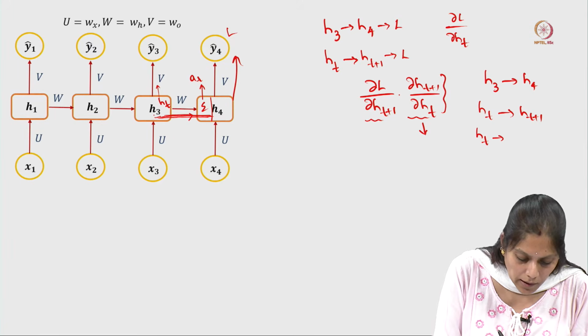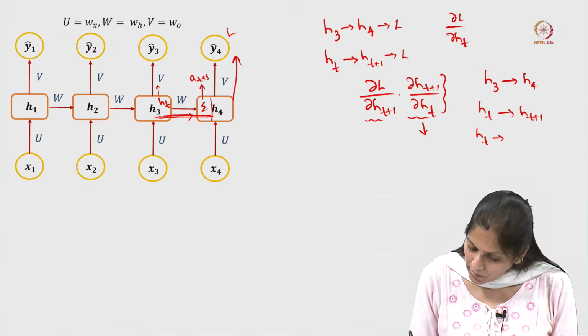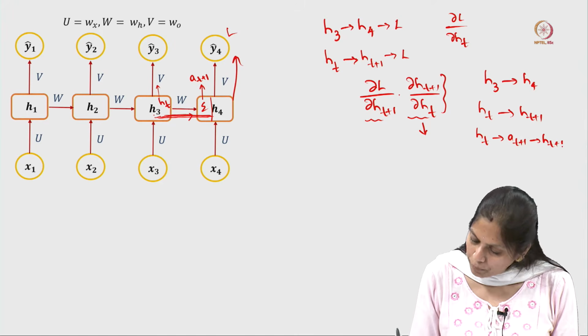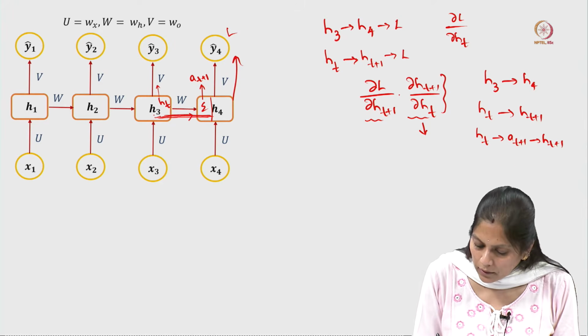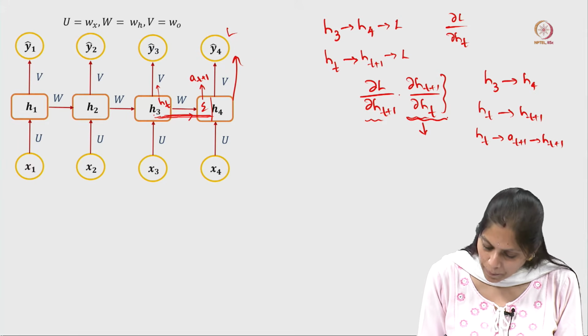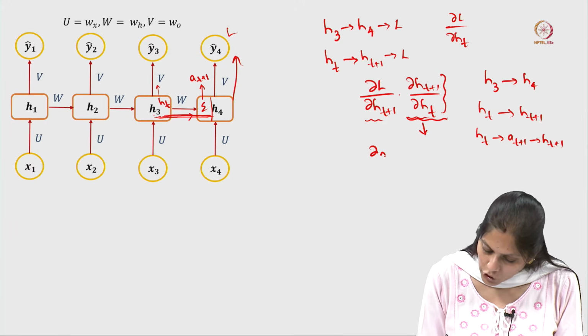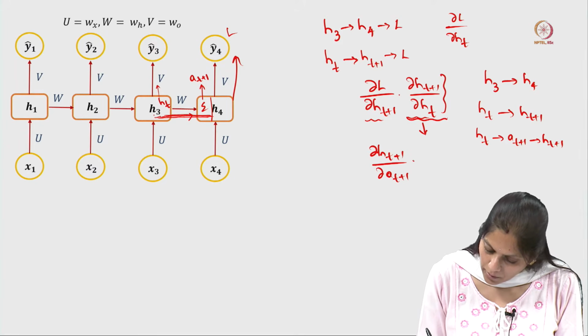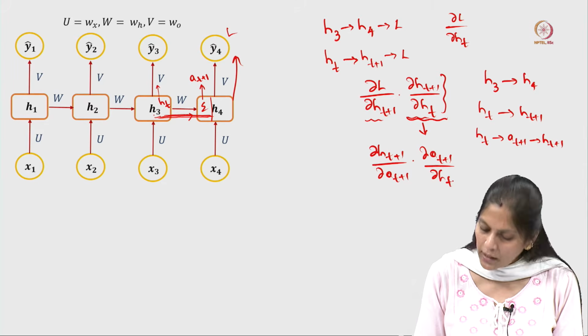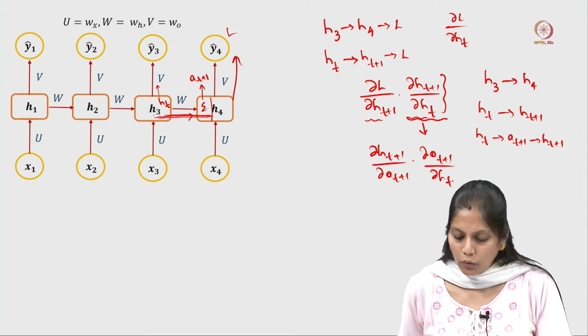Is it not AT plus 1, which is passed to an activation? So how can you write this whole term again? We can write it as the derivative of HT plus 1 with respect to AT plus 1, and the derivative of AT plus 1 with respect to HT. Correct? This is how we are writing.